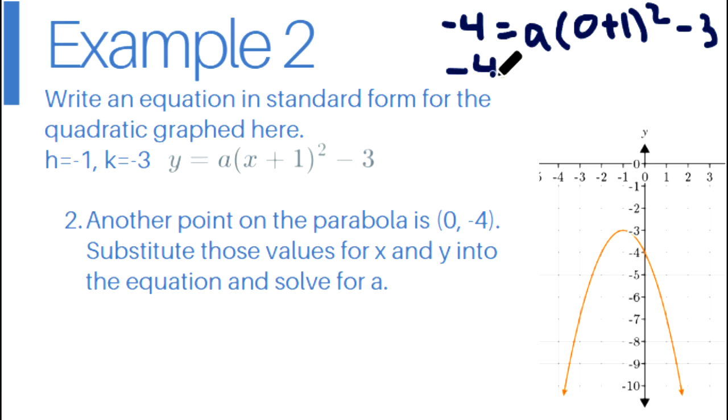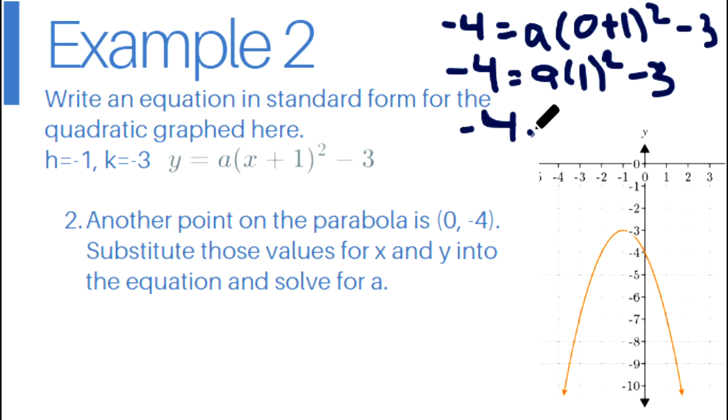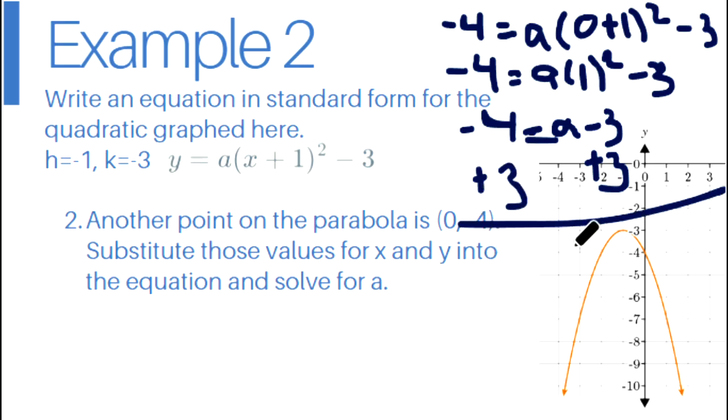So -4 equals a times 1 squared minus 3. Now we do exponents. So we have -4 equals 1 times 1 is 1, so we have just an a here, minus 3. Let's add 3 to both sides, and we end up with a being equal to -1.